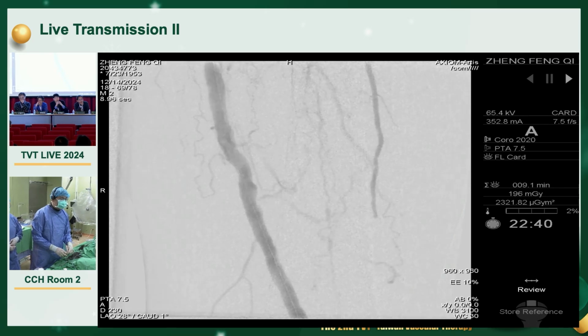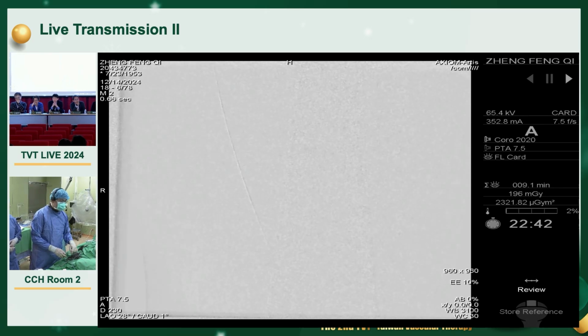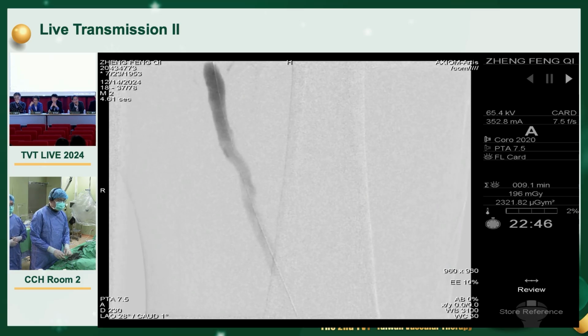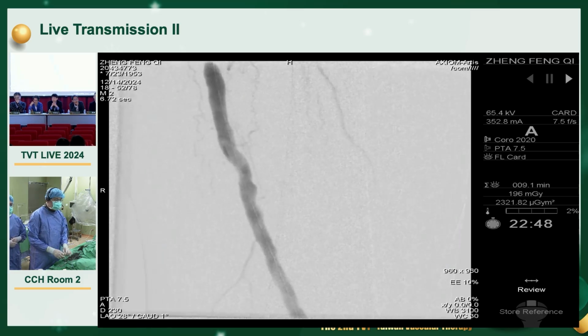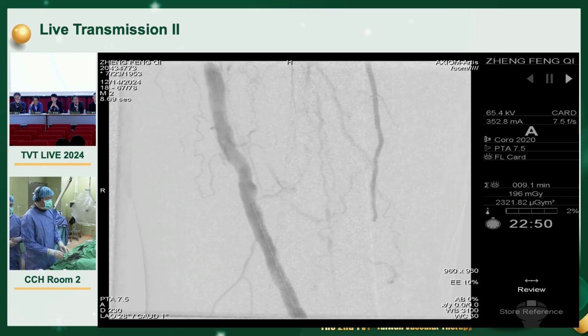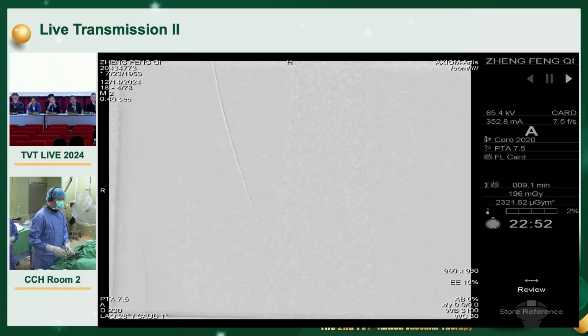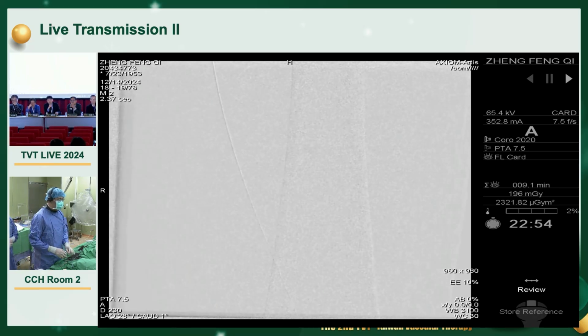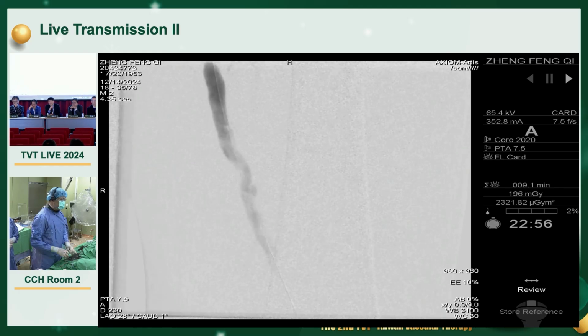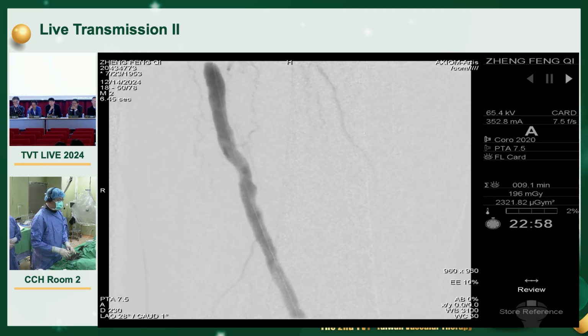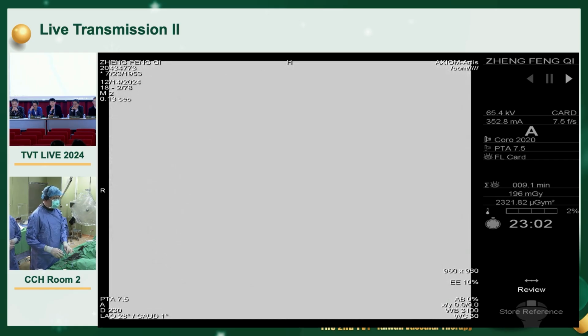Professor Li Mingli is asking whether CO2 angiography makes it easy to see the dissection. I think it's difficult to see the dissection, so we do the contrast angiography again, but no dissection in this region. And I think the image quality of the CO2 angiography is very good in this case.